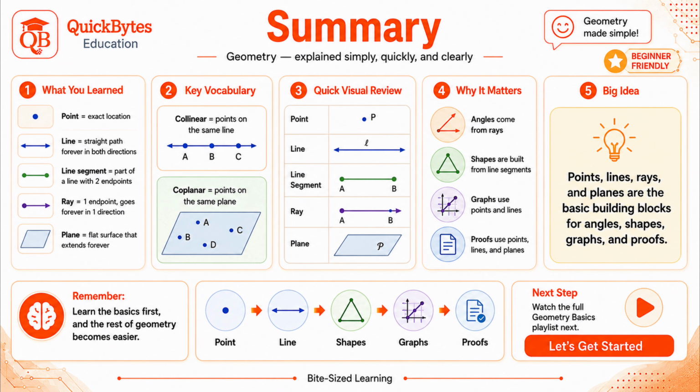A plane is a flat surface that extends forever in all directions. Collinear points are points on the same line. Coplanar points are points on the same plane. And points, lines, rays, and planes are the basic building blocks for angles, shapes, graphs, and proofs.